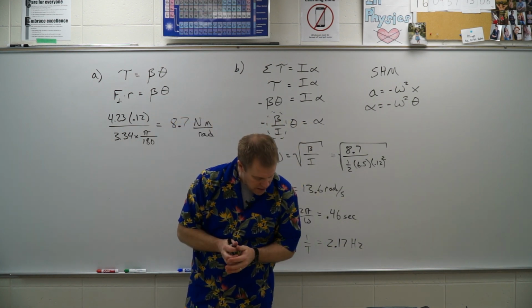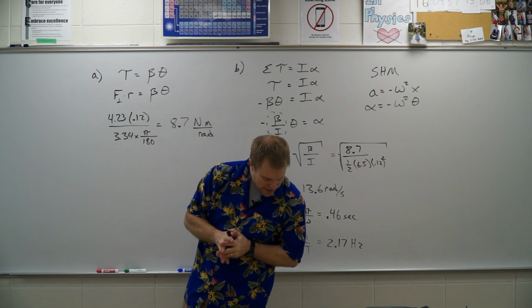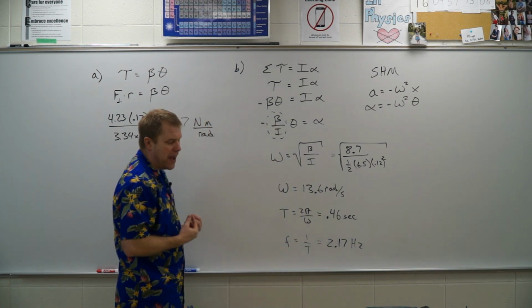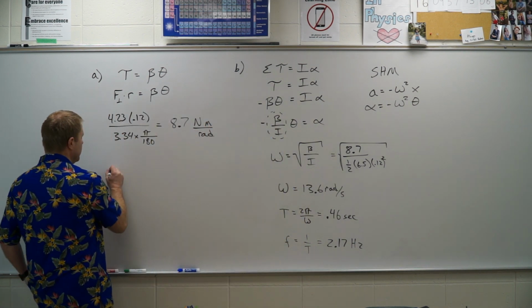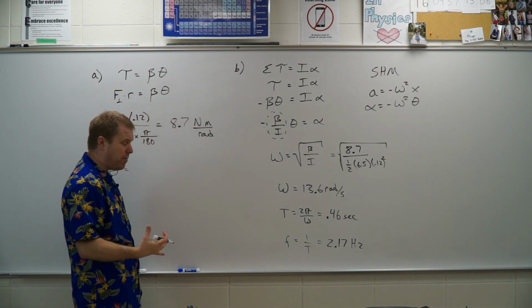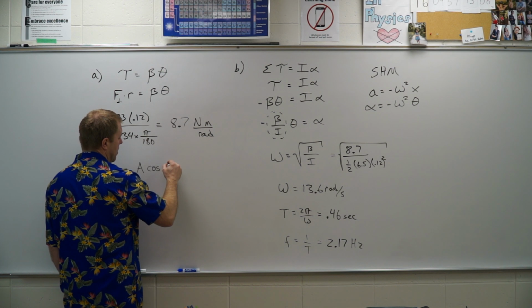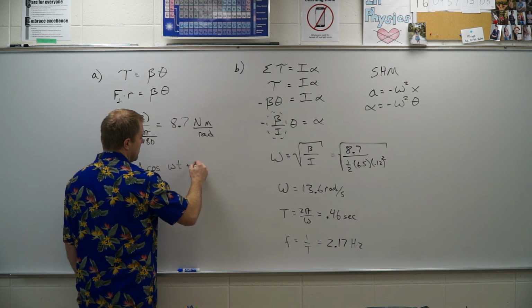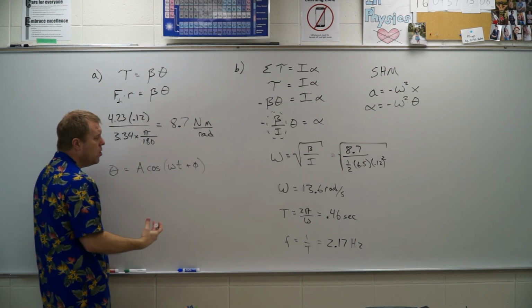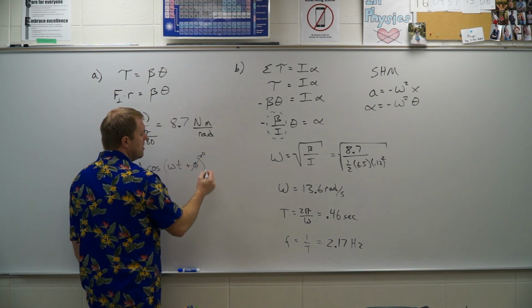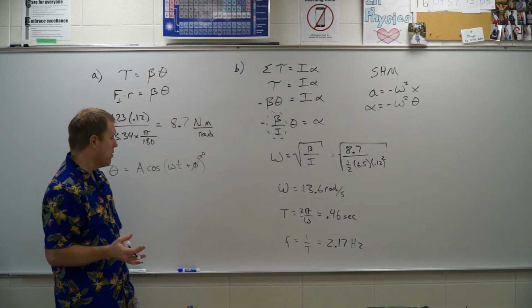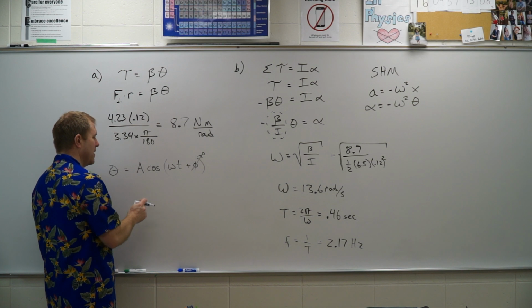And then lastly, part C, they want us to write an equation for theta. Theta is always going to have that same format of A times the cosine of omega t plus phi. We're going to choose phi to be 0 here because I get to choose it wherever I want when they don't tell me.